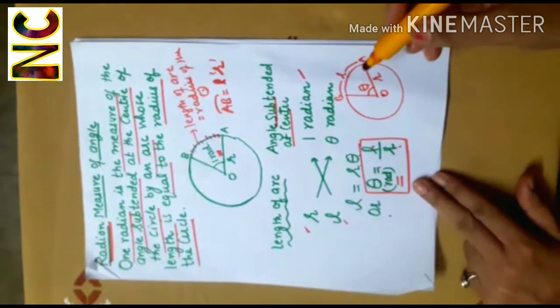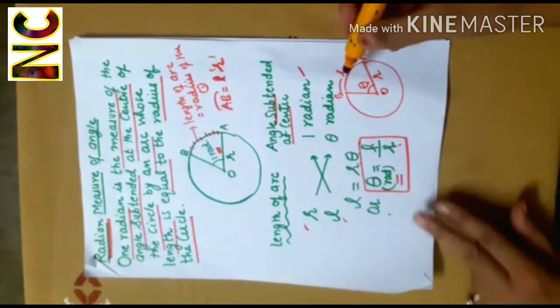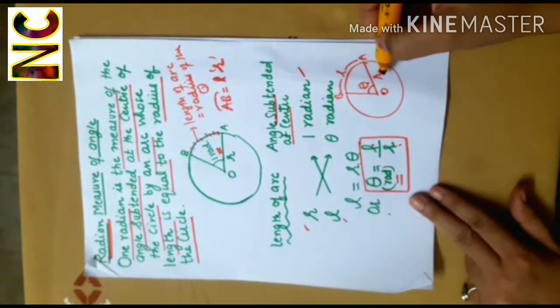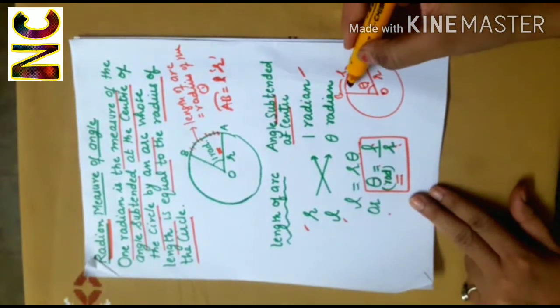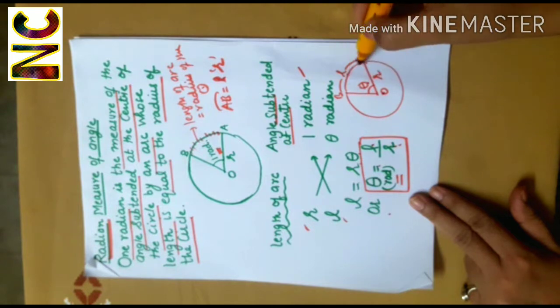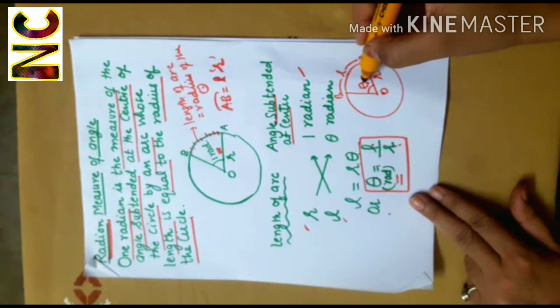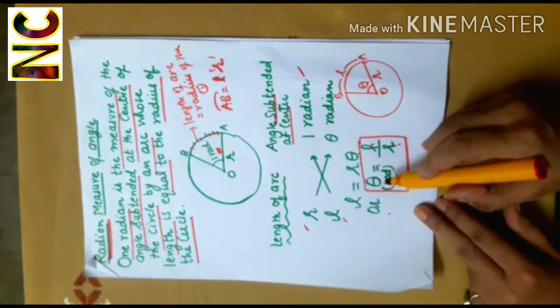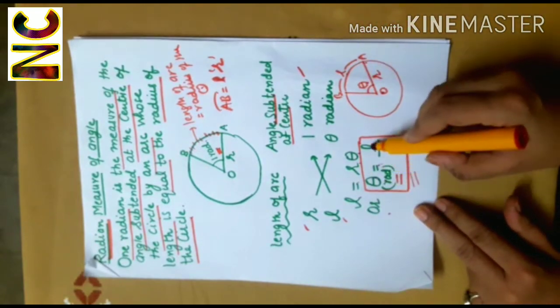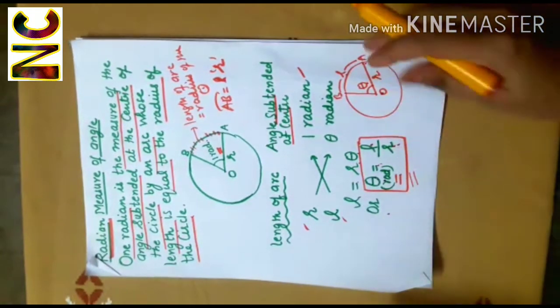We studied that in a circle of radius r, if an arc of length L subtends an angle theta radian at the center, then the relation between L, R and theta is given by theta is equal to L by R.